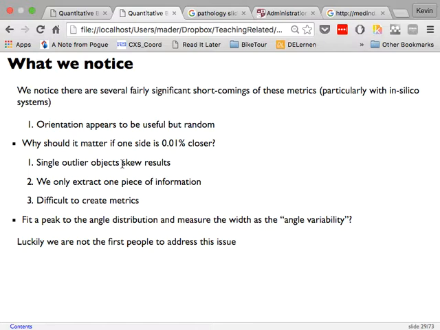It's a problem because if one side is 0.01% closer, then that actually doesn't make that much of a difference. You wouldn't expect your entire structure to change by something being 0.1% closer.